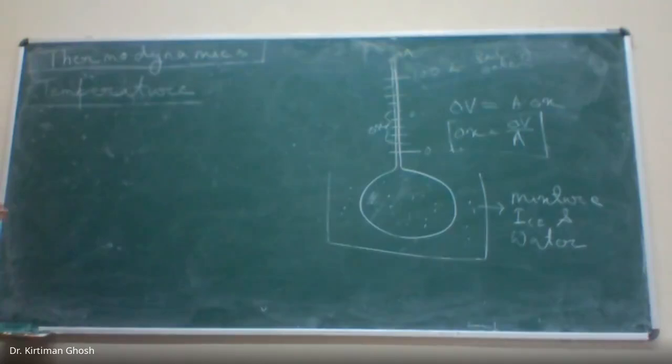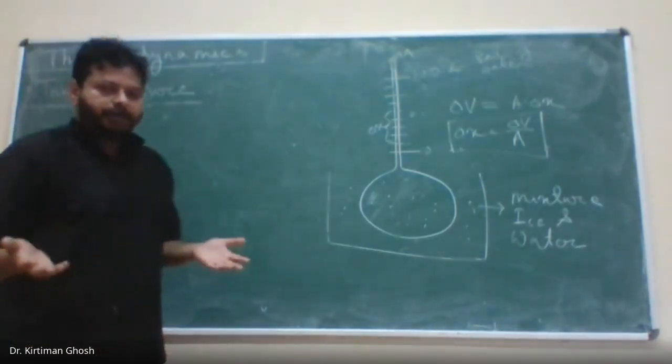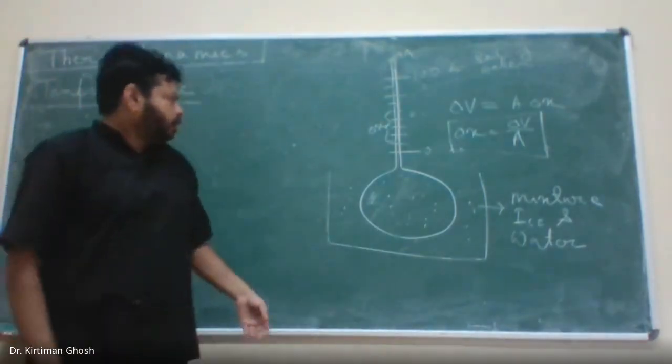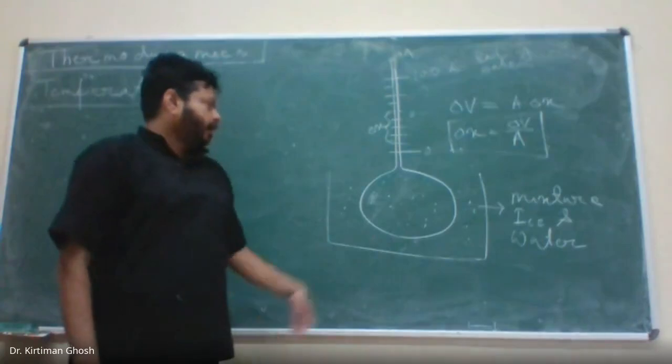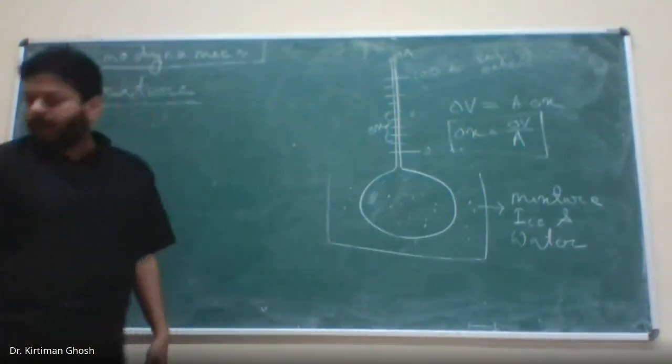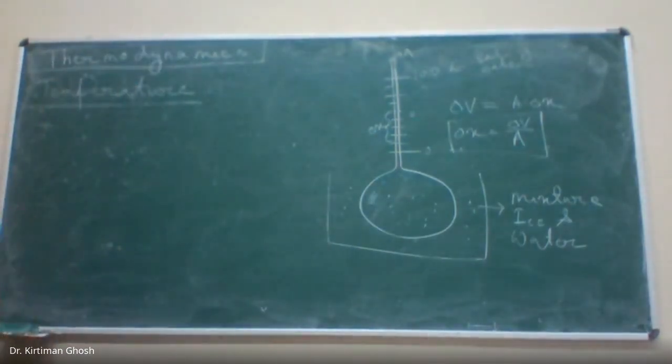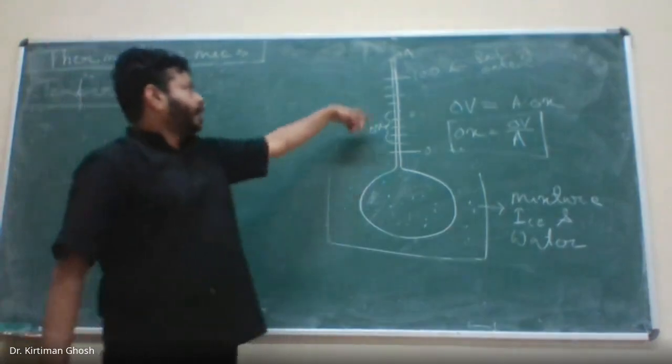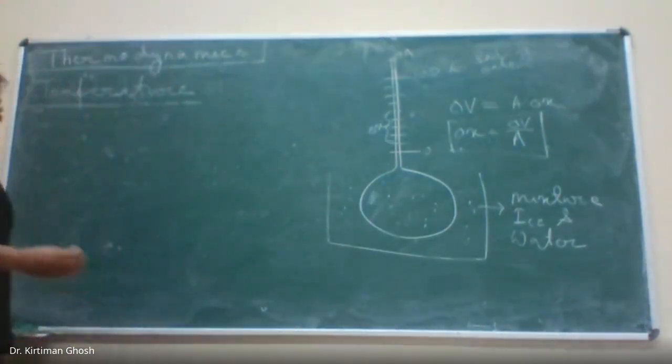For example, my favorite liquid is mercury and your favorite liquid is alcohol. So I can make a mercury thermometer, and you can make an alcohol thermometer and calibrate both thermometers at 0 and 100. Then we can work.